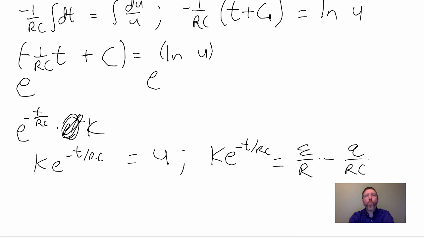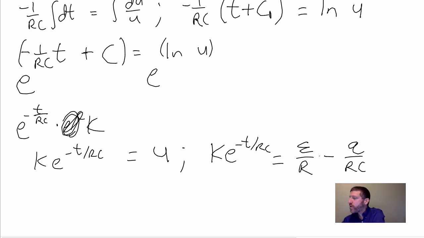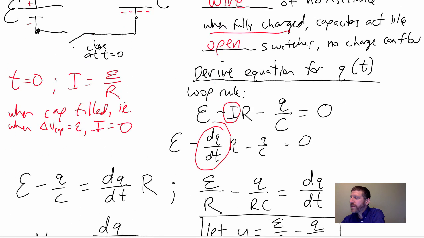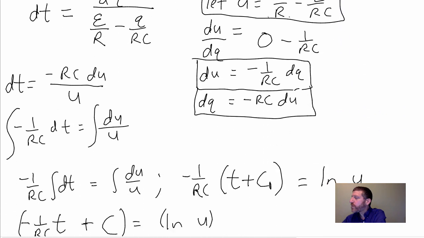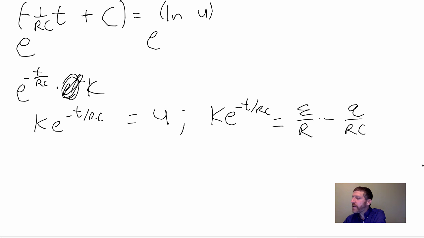Okay, next step is, what the heck is k? Now we have to go back to our initial situation to remember that. At time equals 0, we're going to close this switch. So when you first close it, how much charge is on there? As you can probably guess, at t equals 0, q equals 0.